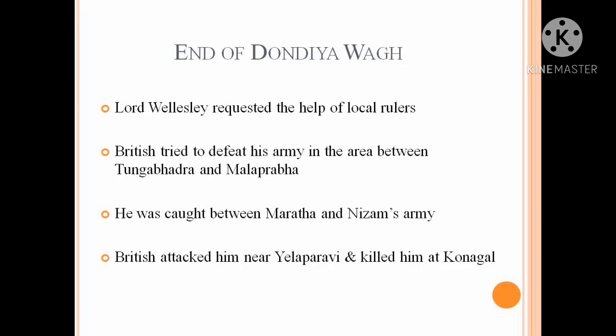Lord Wellesley tried to check this rebellion of Dhondia Wagh. Actually, Dhondia Wagh organized attacks on Shivamogga, Honnali, Harihara, and some other places. The British made an attack on these areas, and Dhondia Wagh lost all these bases.